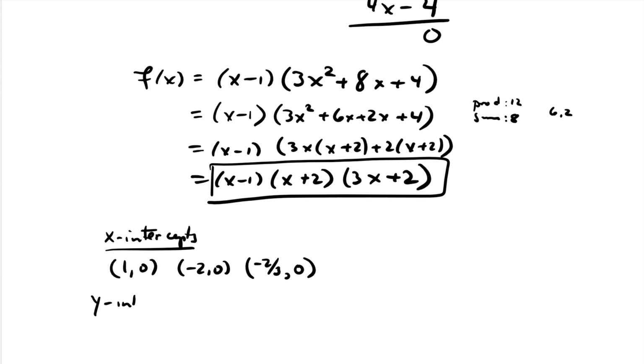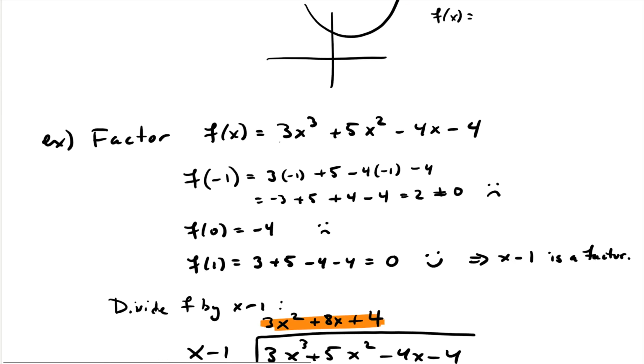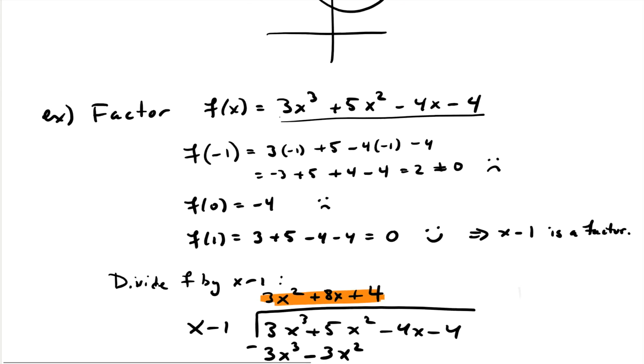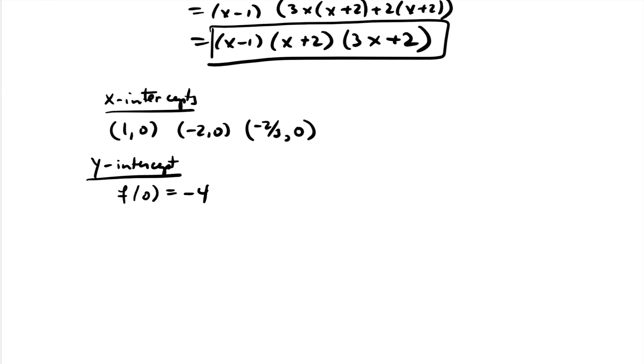Of course, I always have a y-intercept because the domain is all real numbers for polynomials. The y-coordinate is f of 0. Maybe it's easier to not use the factored form but the expanded form. f of 0 is going to be the constant term. It's minus 4. So that means that 0, minus 4 is the y-intercept.